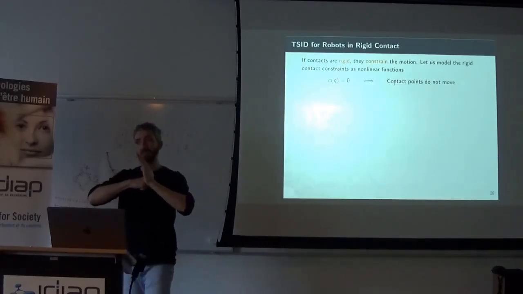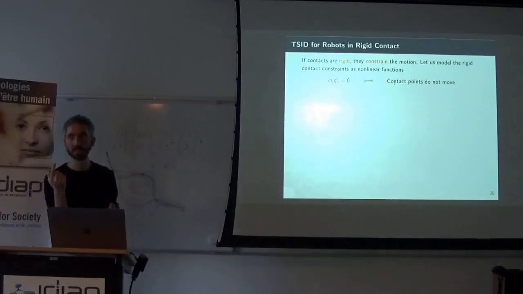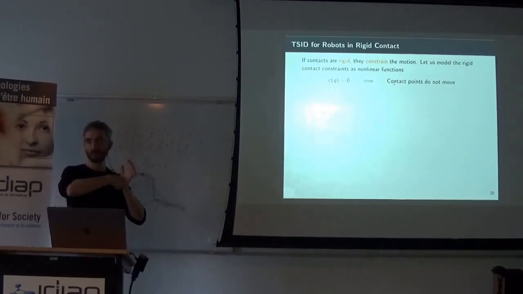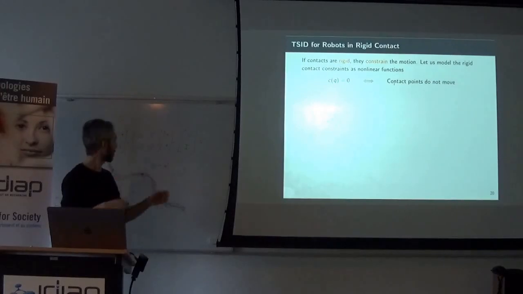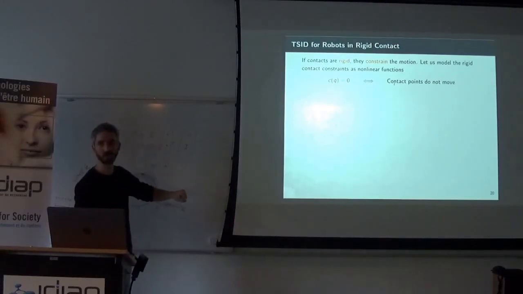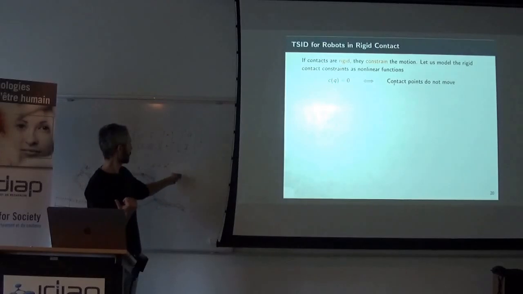And here there is a big assumption behind this model. The assumption is that if I'm in contact, I do not break the contact. Because of course, the contact points can move typically because you have unilateral contact. You can move, but only in one direction, and by breaking the contact. You cannot move in the other direction.